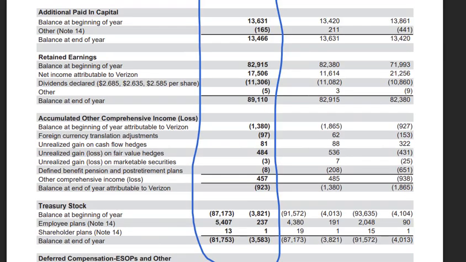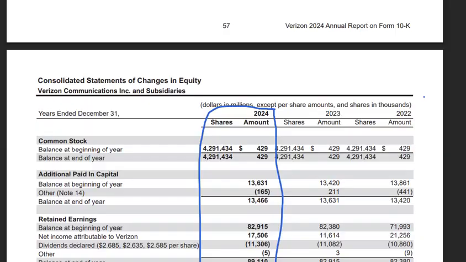Just the same as we did with our income statement. So we go down to the statement of stockholders' equity or changes in equity. There was no change in the common stock, as you see. 2024, the amount's 429. 2023 was 429. For additional paid-in capital, there was a beginning, and then there was other, and we could look up the note.